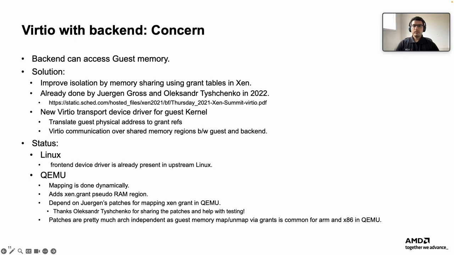For QEMU, mapping is done dynamically, so it adds Xen.grant as a pseudo-RAM region, and those patches are pretty much independent of x86 or ARM, but the initial work by Jürgen was done for x86. So we have added support for this in the Xen PVH machine, but it has a dependency on Jürgen's patches for mapping the Xen grants in QEMU.